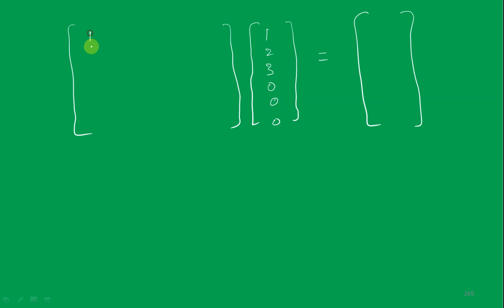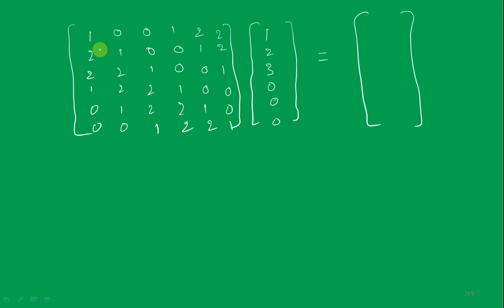Here is 1, 2, 2, 1, 0, 0. Now write 0, next 1, 2, 2, 1, 0. Here write 0, 1, 0, 1, 2, 2, 1. Here write 1, 0, 0, 1, 2, 2. Here write 2. Next one 1, 0, 0, 1, 2. Here write 2, 2, 1, 0, 0, 1.